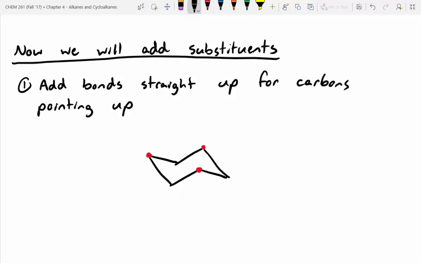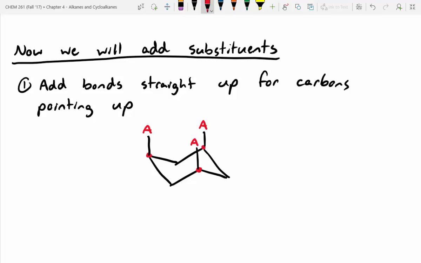So the ones with red dots are pointed up carbons. And what I'm going to do is I'm going to just draw straight up and down lines for each of these. You can tell that red carbon in the very bottom is kind of offset, so that line going through it is actually in front of everything else. So I'm just going to label these with A's. And that's that, right?